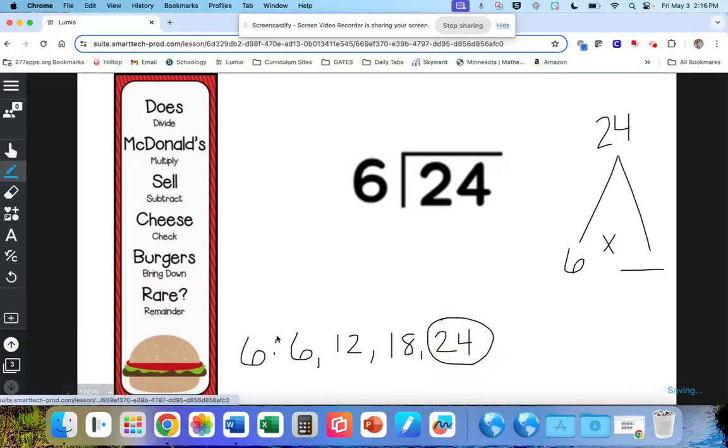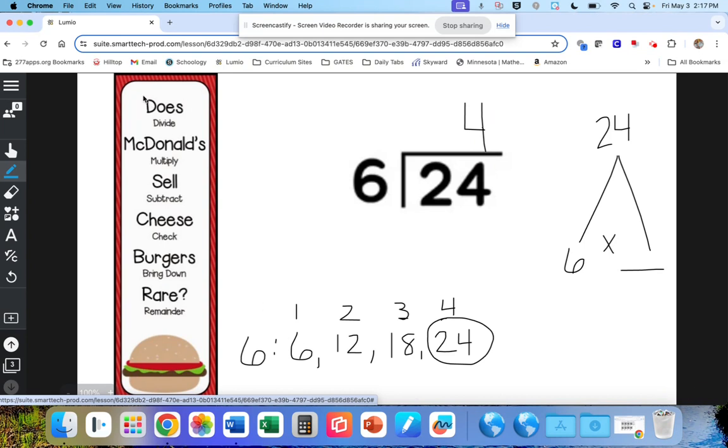So as we counted by sixes, we counted 1 6, 2 6, 3 6, 4 6. So we know that 6 times 4 equals 24. So if we're going to divide, how many times does 6 go into 24? 4 times. We're going to put that 4 directly above the last number that we divided by.